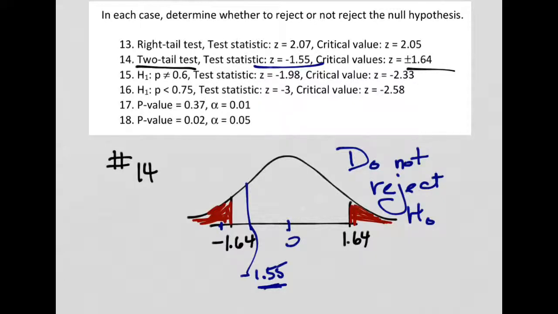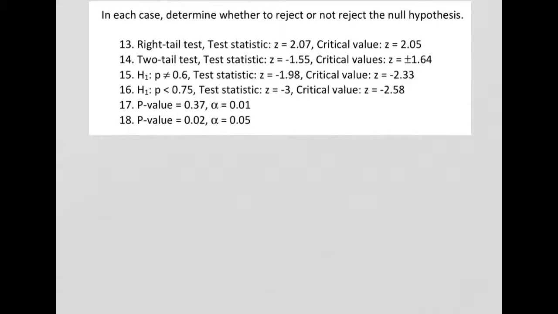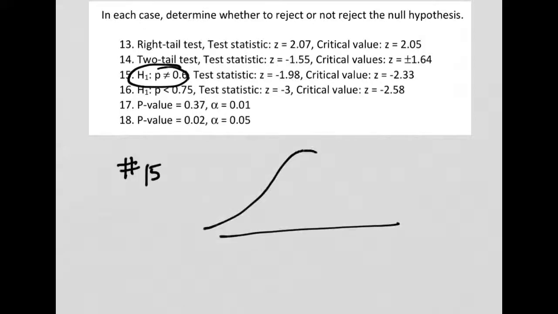So now let's take a look at number 15. In 15, we have that the alternate hypothesis is that p is not equal to 0.06. So this tells me again that I have a two-tail test, and in the critical value, I should have had plus or minus 2.33, just like in the last one we had plus or minus 1.64.